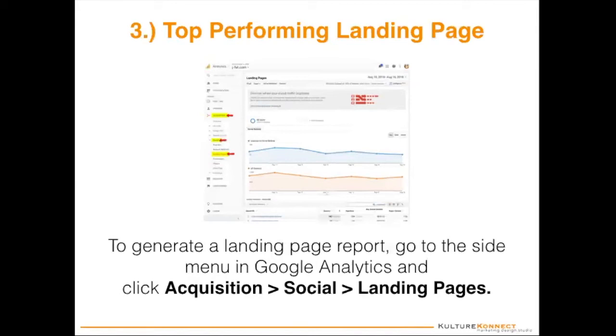Say, for example, your top performing landing page is your reservations page, and you're not getting much traction for your online ordering. Maybe a decision that you want to take would be to add a call to action in your reservations page for online ordering as well. Or maybe it's the holiday season and you want to push those sales. Maybe you also want to add a CTA, or call to action, for gift card purchasing on your reservation page, if that's your top performing landing page.